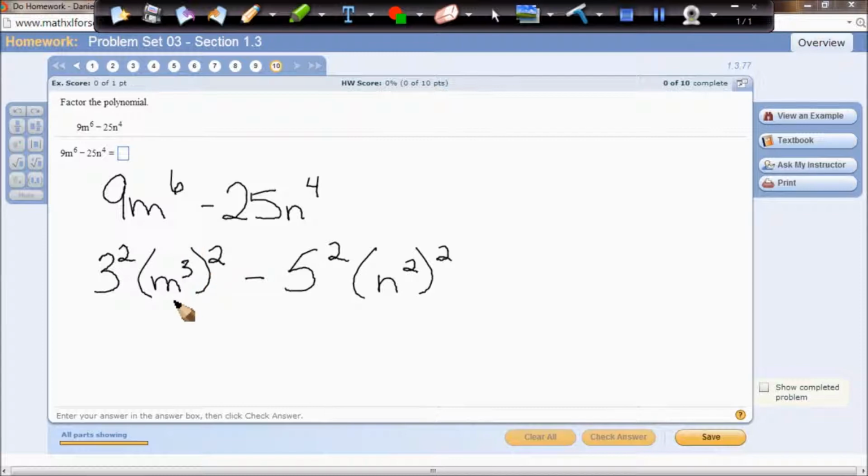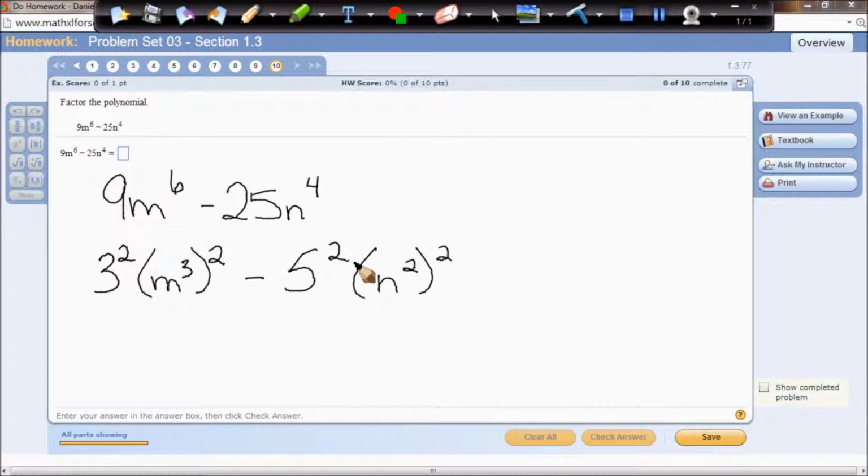Why can we rewrite this? Do you remember your exponent rules? M to the 3rd power raised to the 2nd power, you multiply the exponents. So m to the 3 times 2, which is 6. So this m to the 6th is the same thing as m cubed squared. And over here, same thing, n to the 2 raised to the 2 again, you multiply. 2 times 2 is 4.